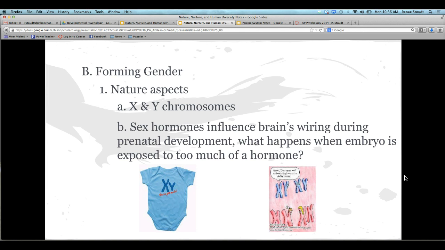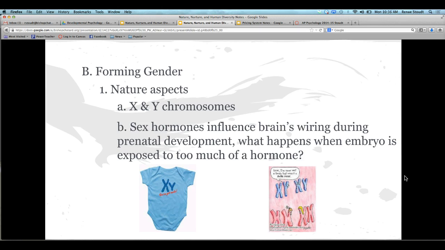We're going to talk about prenatal development later on, but what happens is that when the embryo is exposed to testosterone or to estrogen, more testosterone or more estrogen, it wires the brain differently during prenatal development. So that's part of the reason why, with a lot of the other things we're going to talk about later on, we're going to say men do this, women do that. These are the differences between them. It's because of these chromosomes, these hormones that have influenced your brain wiring when you were still in utero.